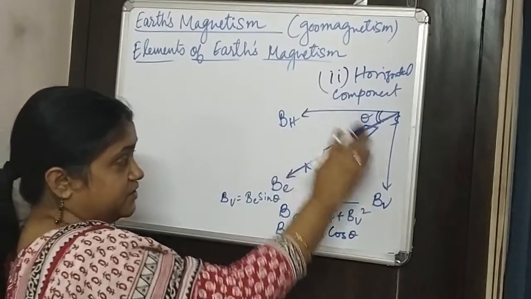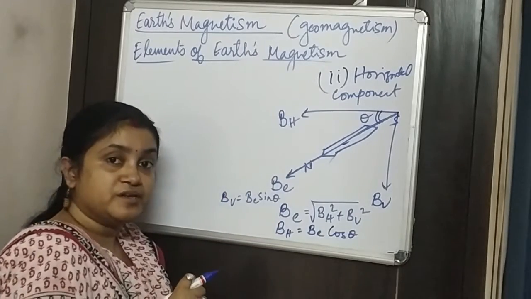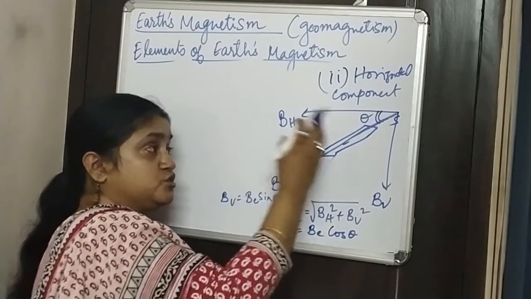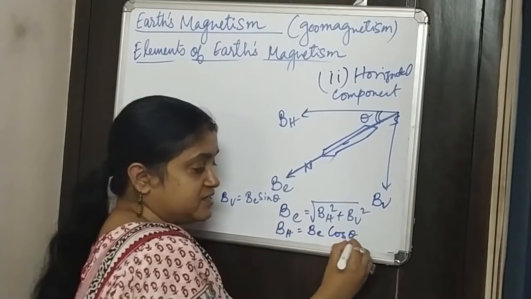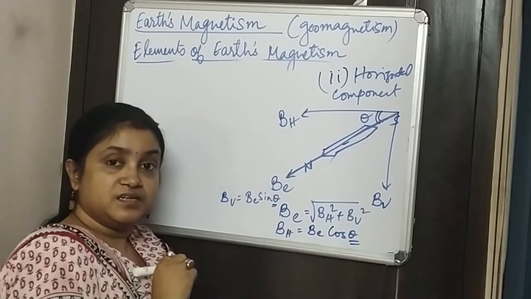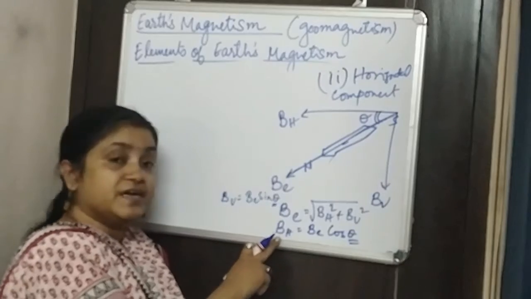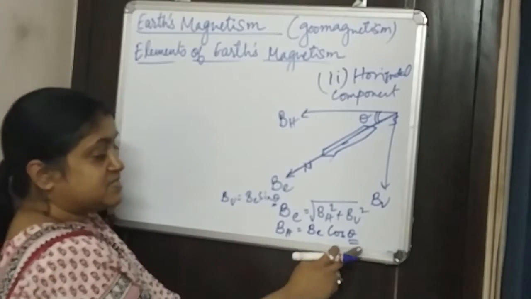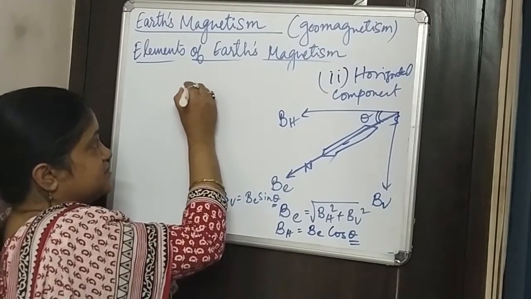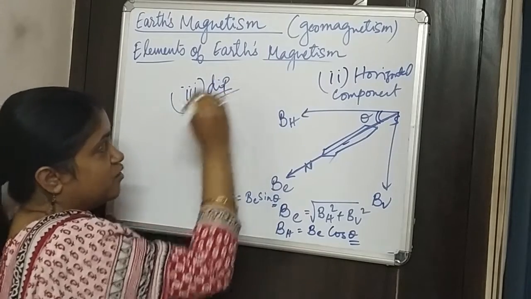This is a very important thing when we are talking about the horizontal component. But now, just to define this horizontal component, we are very interestingly using this theta. Therefore, this theta becomes very important. This angle theta makes the third component, which is called dip or angle of dip.